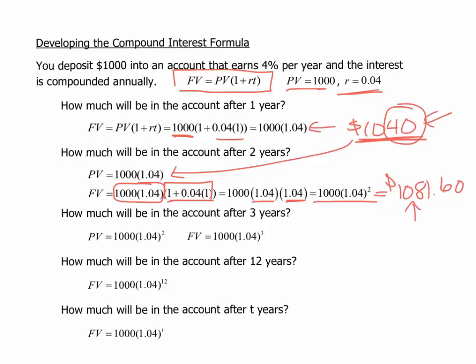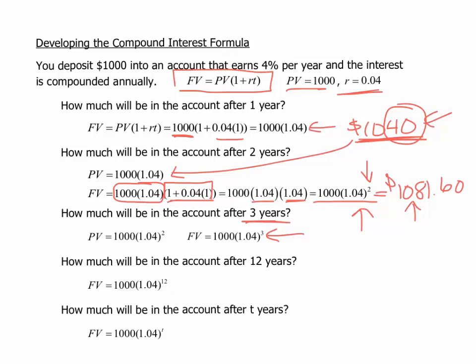Now notice, the first year we earned $40 in interest. Now, in the second year, we've earned a total of $81.60 of interest, but the second year we earned $41.60 instead of just the $40. So the amount that we're earning in interest is increasing in addition to our total value. Let's guess what happens after 3 years. If after 2 years our exponent here is 2, after 3 years it's going to be 3.